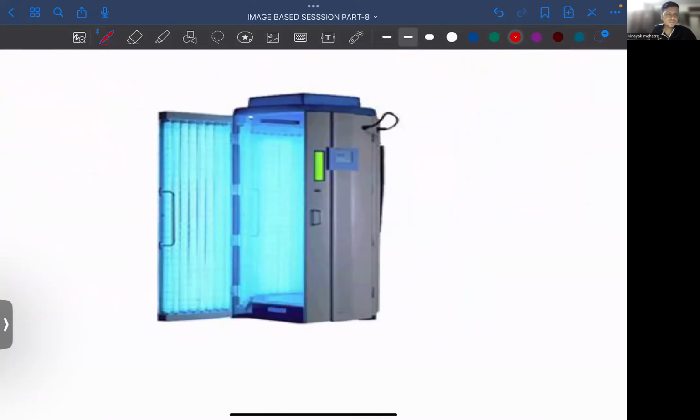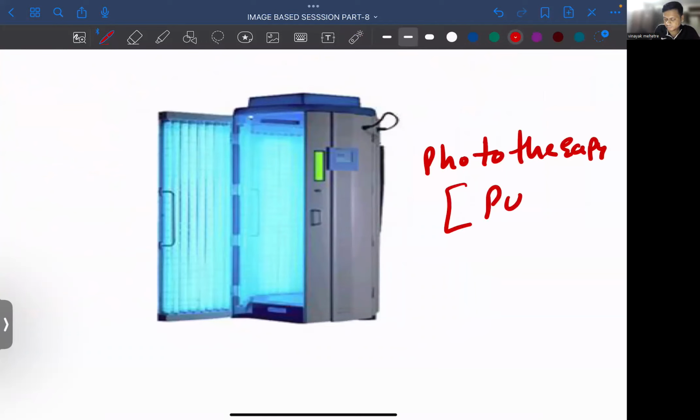What is this? We will put the patient directly inside this box. We will close it. Yes, it is called phototherapy, right? PUVA. Where are we going to use this one?